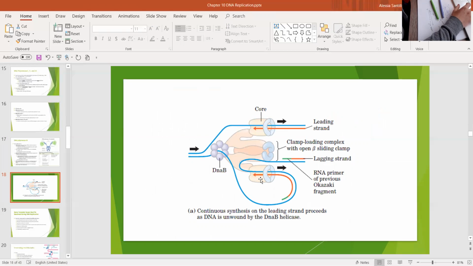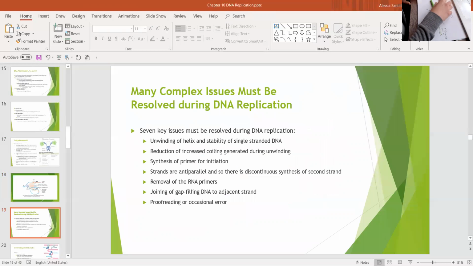It's got the epsilon subunit that is able to proofread and excise any mistakes that the DNA polymerase accidentally introduced. And they're all next to the template DNA because that sliding clamp is right there. It's basically clamping the DNA template and tethering the DNA polymerase 3 to it. Okay.